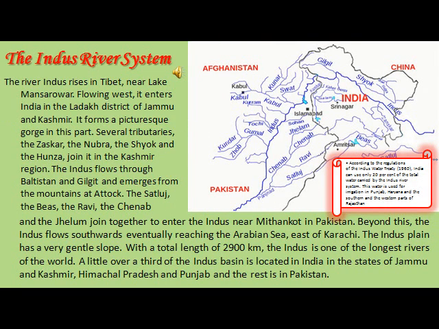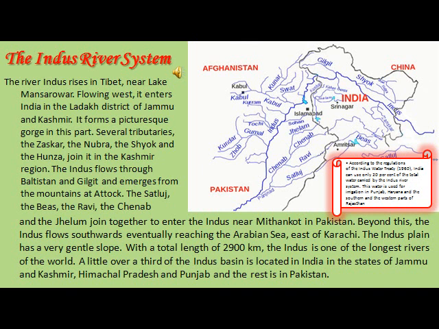The Indus river system. The river Indus rises in Tibet near Lake Mansarovar. Flowing west, it enters India in the Ladakh district of Jammu and Kashmir. It forms a picturesque gorge in this part. Several tributaries, the Zaskar, the Nubra, the Shyok, and the Hunza, join in the Kashmir region.